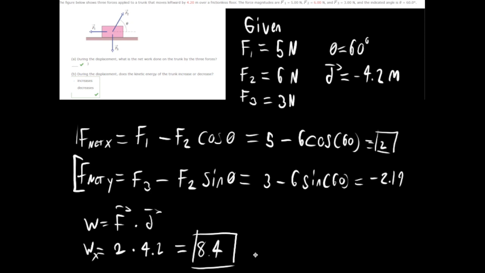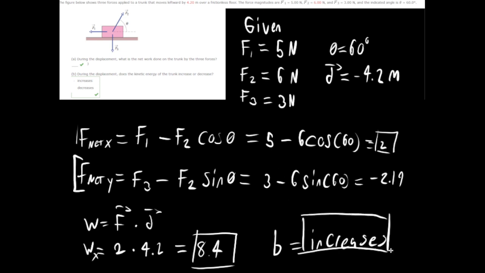Potential energy would be more the amount of energy an object has the ability to move, whereas kinetic would be the actual motion. So for part B, the answer is increases. All right, and that is that problem.